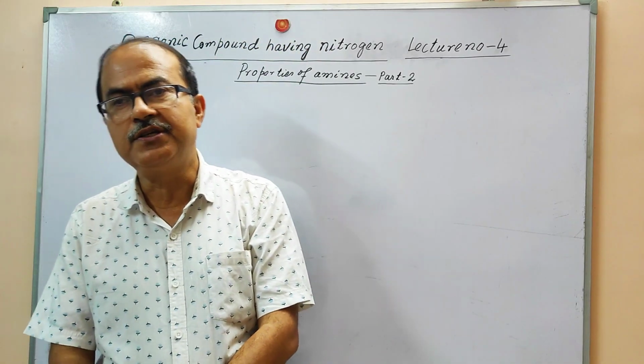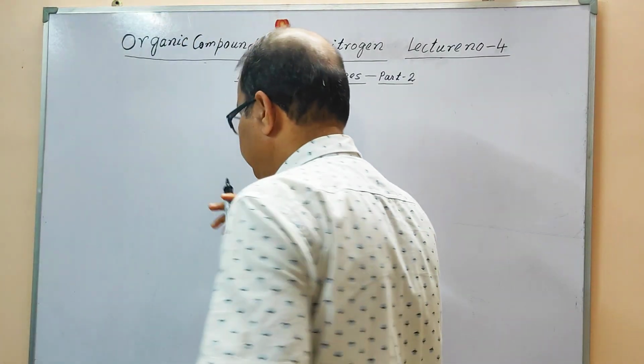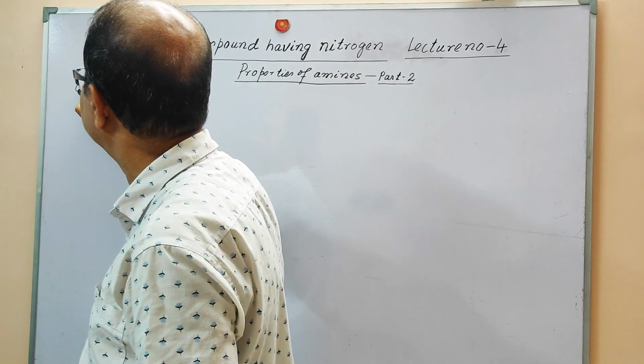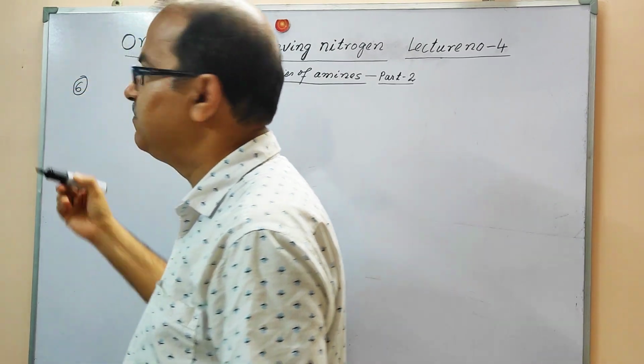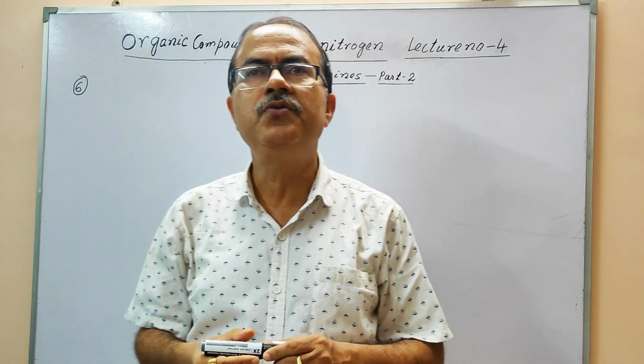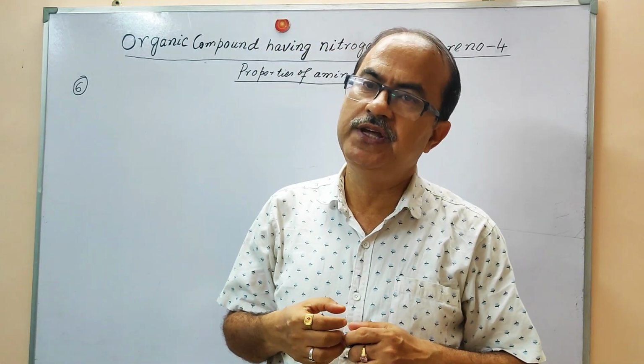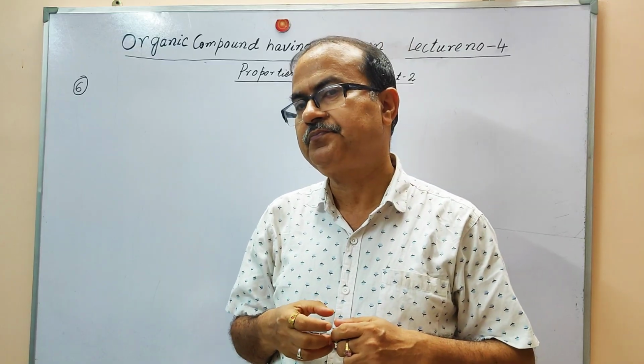So we are going to discuss the 6th reaction. The 6th reaction is a very important reaction because with it we are able to identify 1 degree, 2 degree or 3 degree amine.